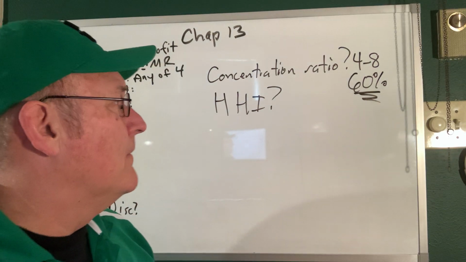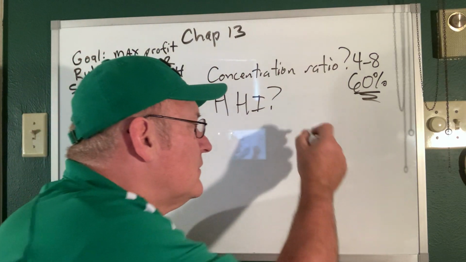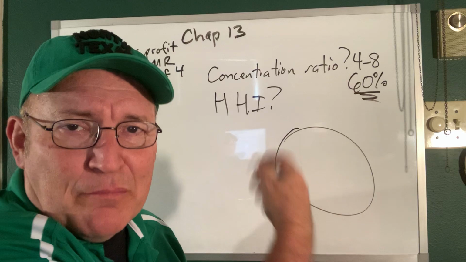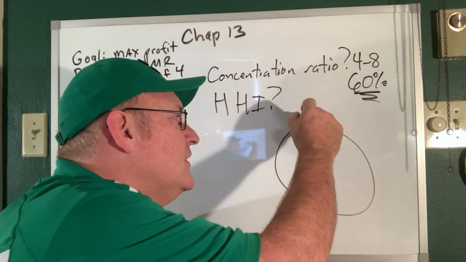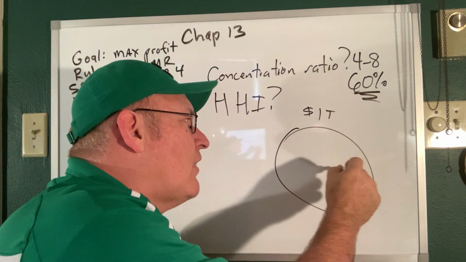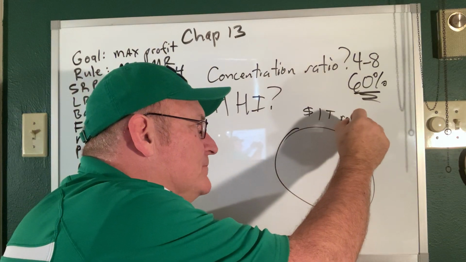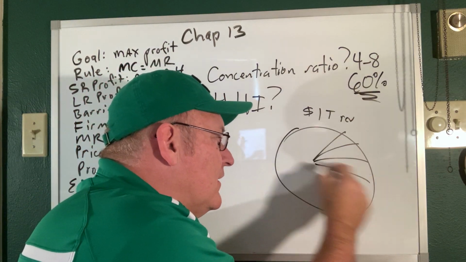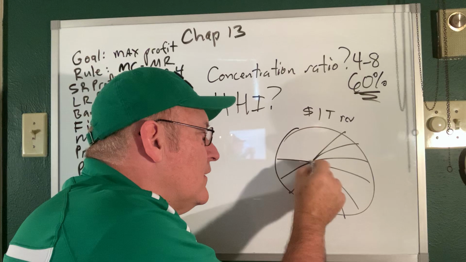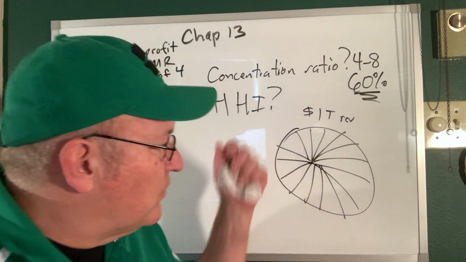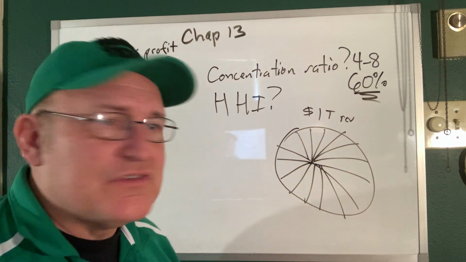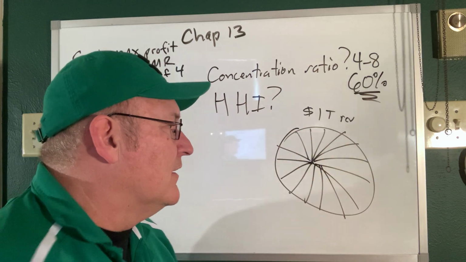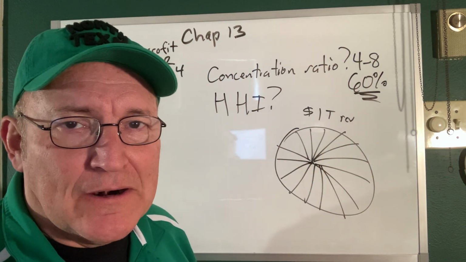Okay, meaning, this is the pie. This is all of the revenue. So you have $1 trillion worth of revenue, and there's whatever that is, 25 firms, each with 4% of the market share.